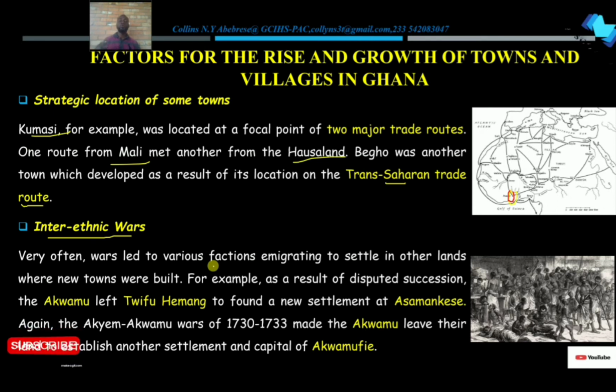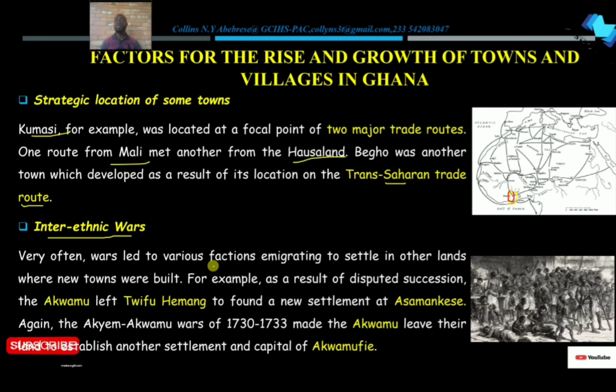Whenever there is war, what happens is that some people migrate from their area to go and settle in another area so that they can save themselves the horror of any war. You understand? So frequent wars that had occurred among ethnic groups in Ghana also accounted for the rise and growth of certain towns that we know.